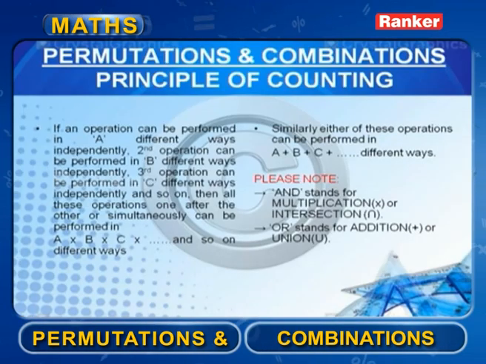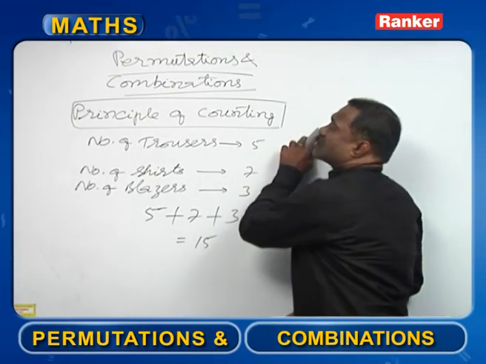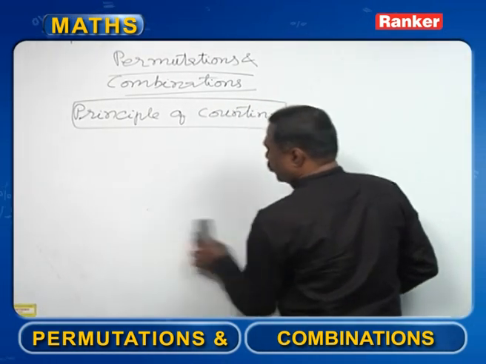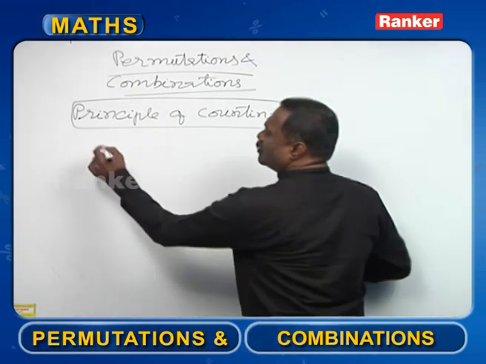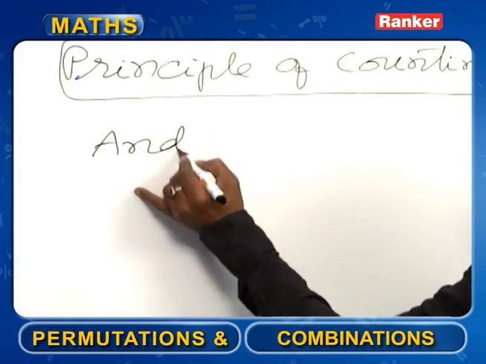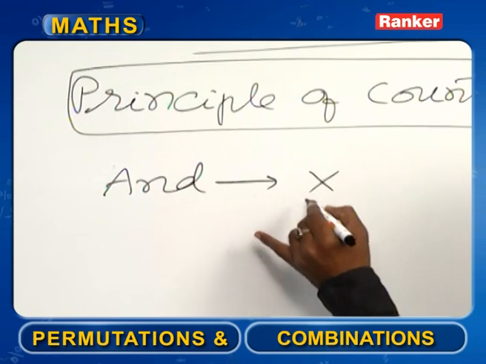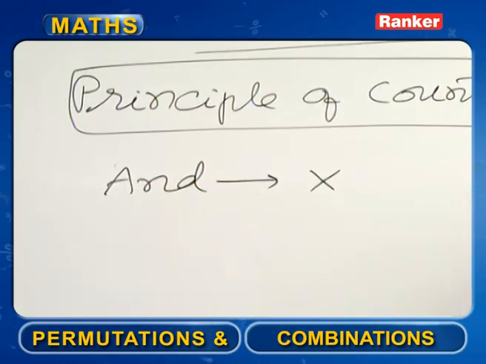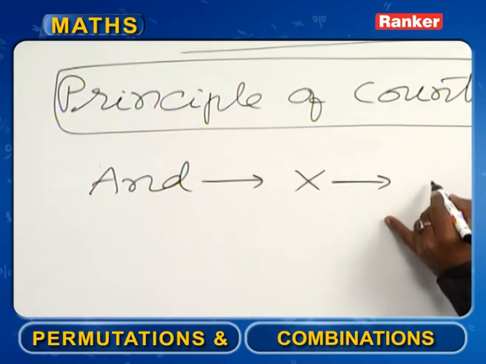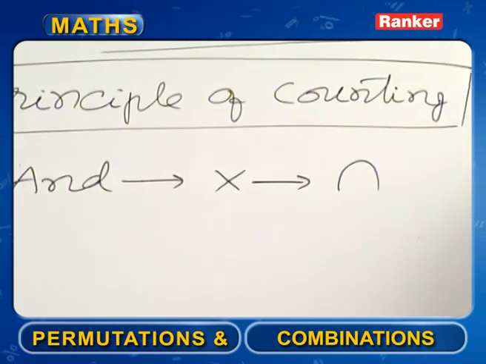Please note, "and" stands for multiplication or intersection. After the introduction of set theory, wherever you get "and", instead of "and" you have to write into, multiplication, and instead of into you will have to use intersection.